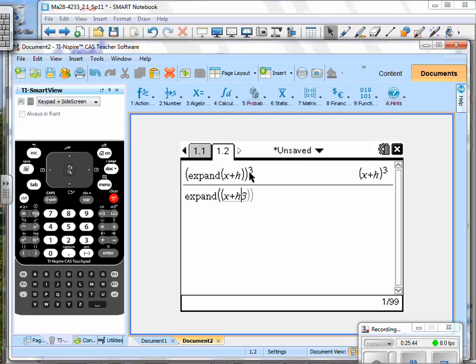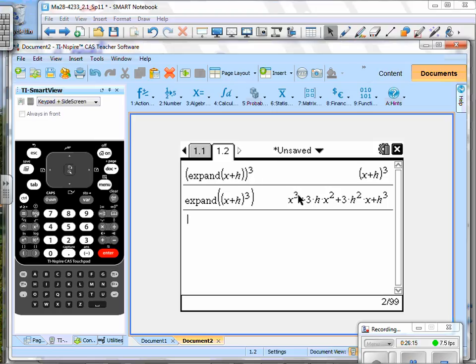I'm just going to erase that and start all over again, you guys. I forgot to put the parentheses inside. Now I'm having troubles here, so we'll just do that. There we go. Expand came with its own set of parentheses, so you have to put everything inside that parenthesis that came up.